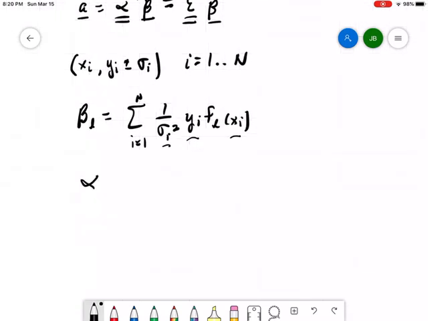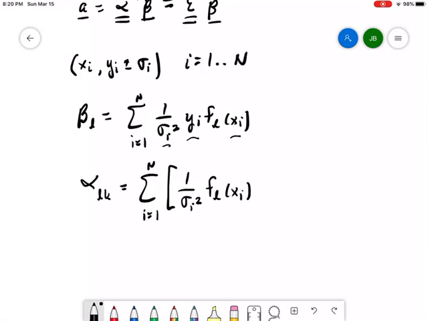The elements of alpha require two indices because we need a row number and a column number. But it was likewise easy to calculate all of the alpha elements. It was 1 over sigma squared times f_l of x_i times f_k of x_i.